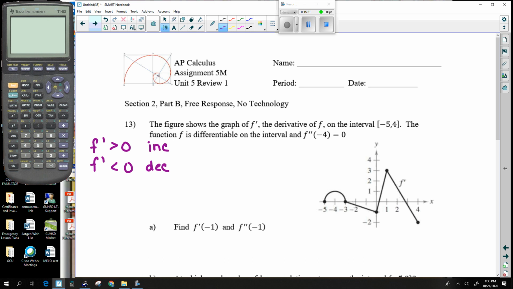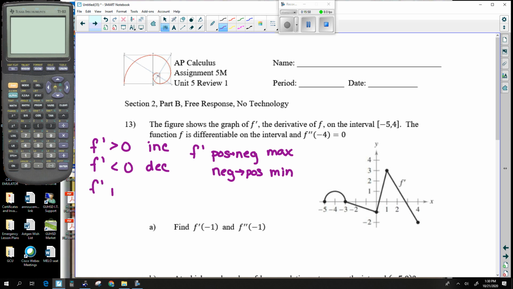So when the derivative switches from positive to negative, that'd be increasing to decreasing, that is most likely a maximum. And if it switches from negative to positive, that is most likely a minimum, most likely.